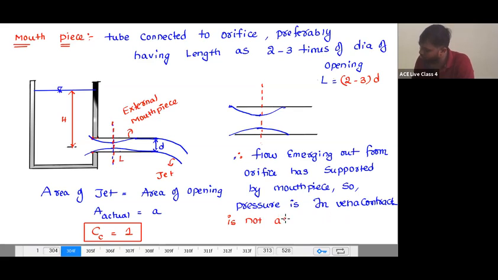So whatever the pressure inside here is not going to be atmospheric pressure. So what is going to happen in the case of the vena contracta, sir? So what happens over here is this.